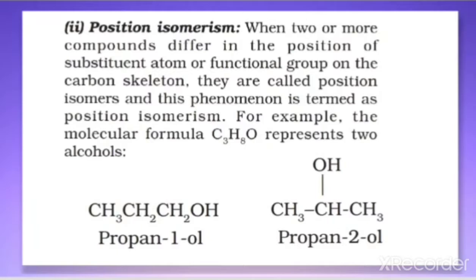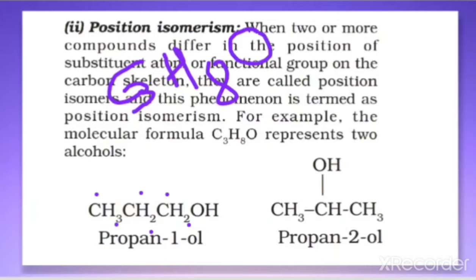Now look here, what is the difference? When you count the number of carbons, there are 3 carbons. And what about the hydrogen number? It is 3 plus 2, 5, 6, 7, 8. 8 is the hydrogen number and the oxygen number is 1.